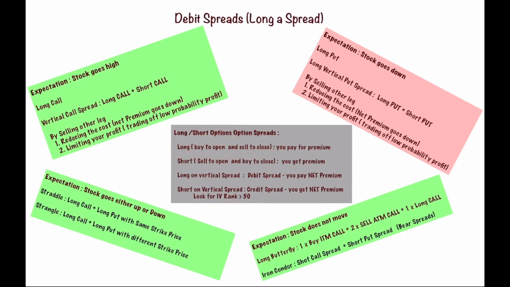So you pay a premium, right? When you're going long, you pay a premium. Short is you're selling or writing an option to open the position, and you can close that position by buying it back. I only talk about going long here to avoid any confusion, but to simplify, shorting is exactly the reverse of going long.